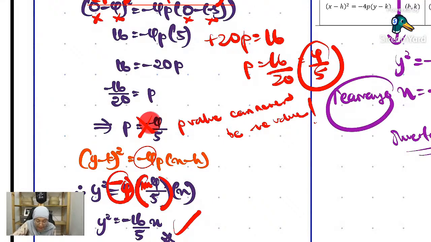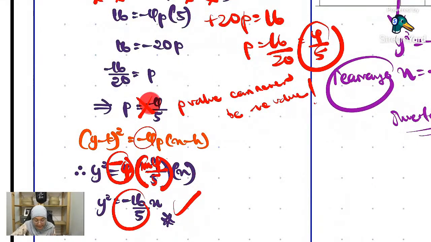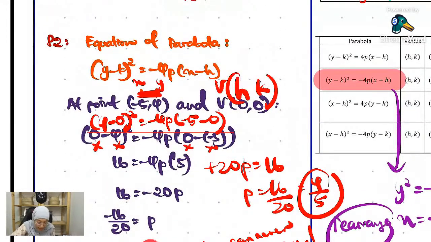Dan di dalam ini p value is positive 4 over 5, and so we still got negative 16 over 4, over 5. Thank you so much. I'm so sorry that I wrongly rearranged this. Sorry, I wrongly put my x point, y point, my point and my vertex punya h and k value. I'm so sorry, but thank you so much.